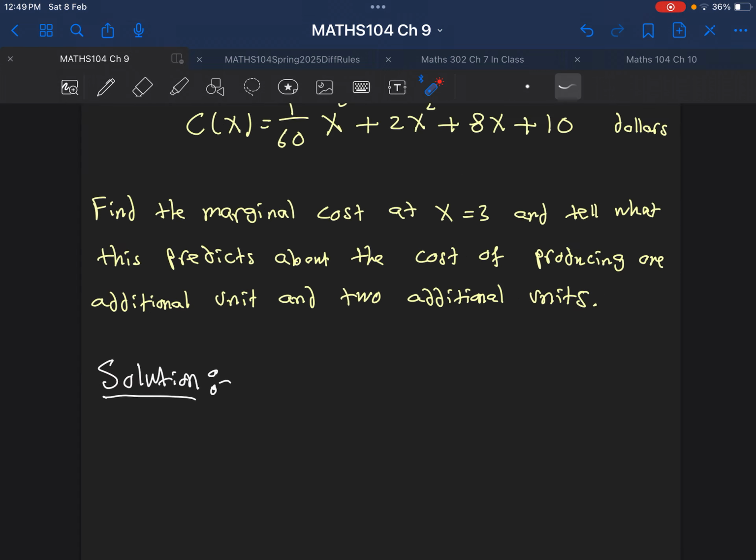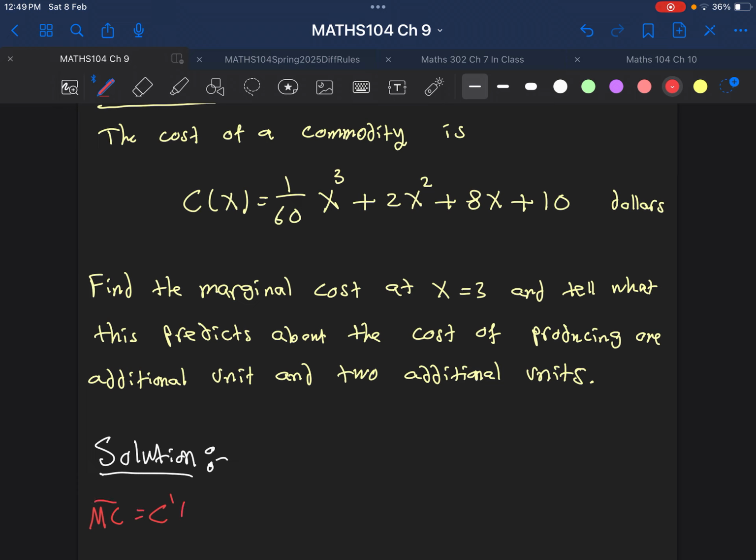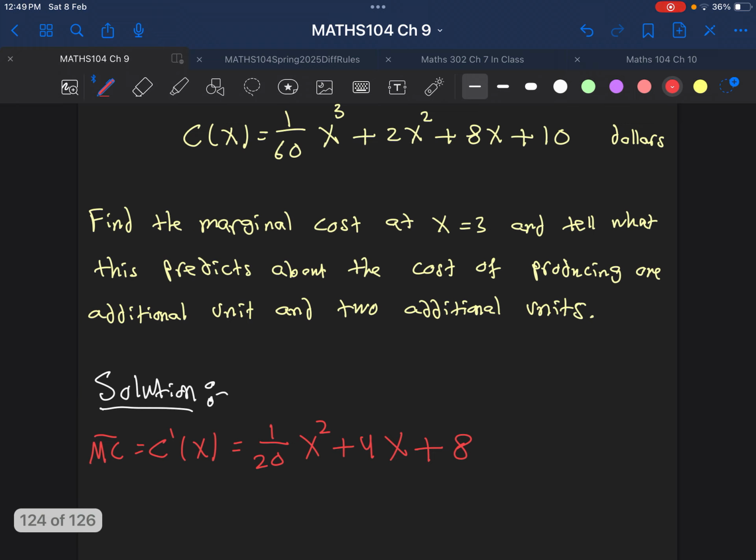Let's see this question. We have the cost function, and we need to find the marginal cost at x equal to 3. And we need to tell what it means. So the first step, I just need to go ahead and find the marginal cost, which is the derivative. It will be 1 over 20 x squared plus 4x plus 8.